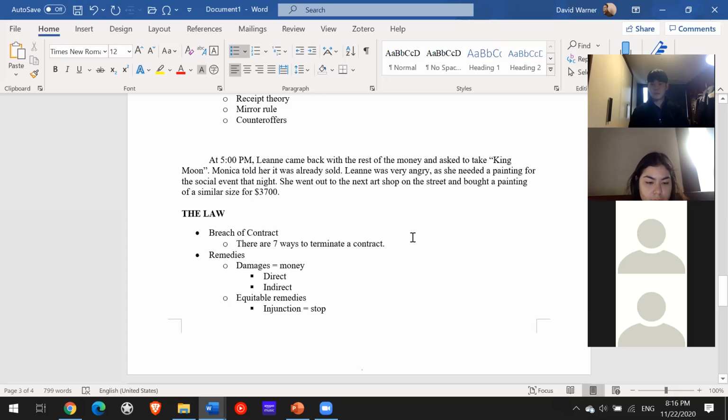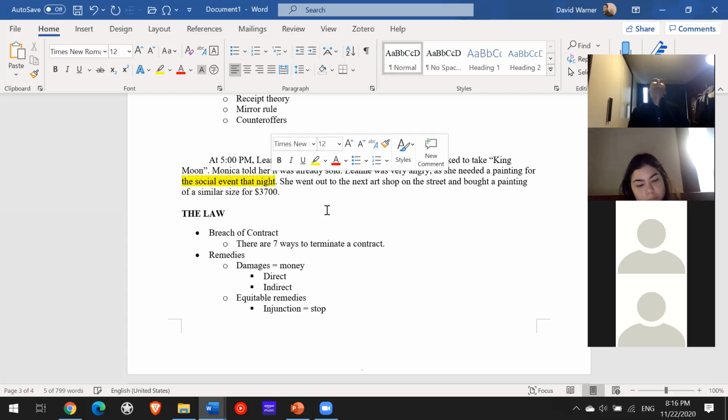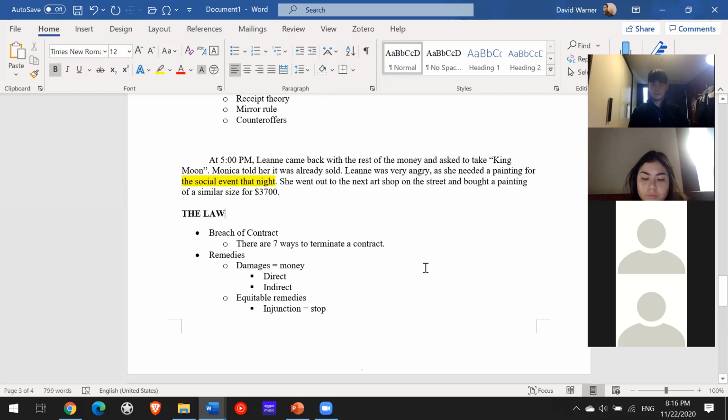We just know she needs a painting for the social event. I don't think she cares who painted it or where it's from. But she definitely wants a painting, but she has a painting, right? She bought a painting at the next art shop on the street. Yeah.